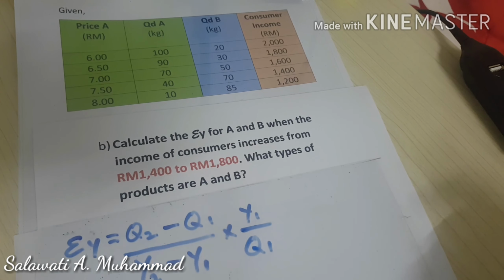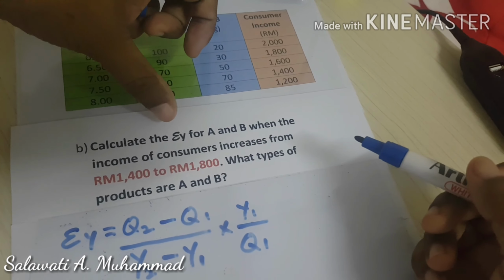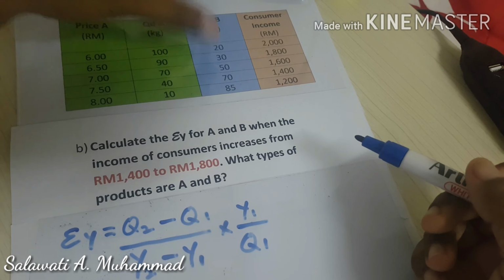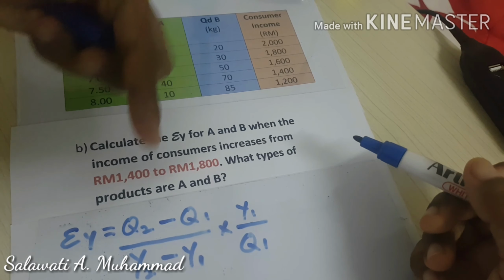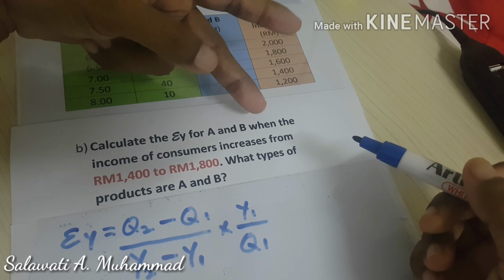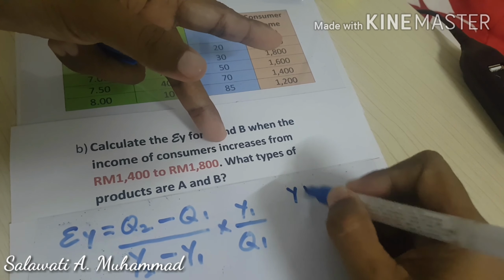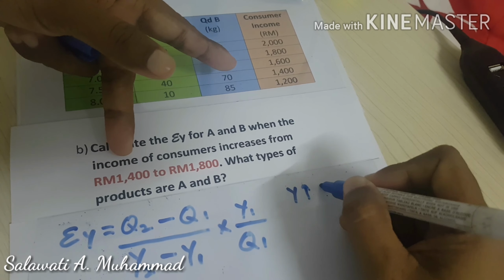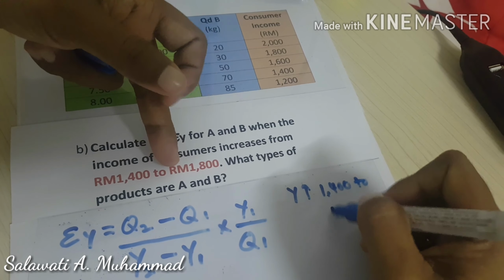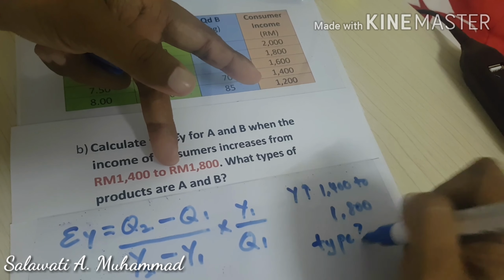Okay, that's the equation. So what is the question? Calculate the income elasticity of demand for A and B. Remember we need to choose two products, A and B, when the income of consumer increases from 1,400 to 1,800. Then they ask about the type.